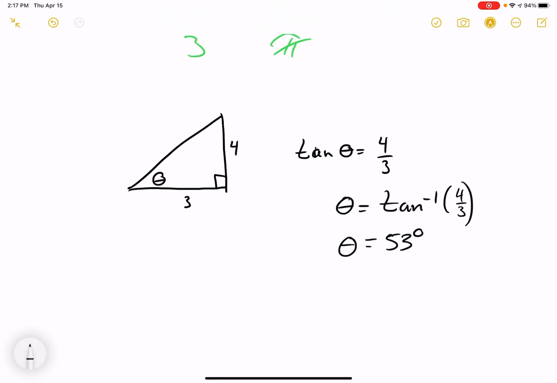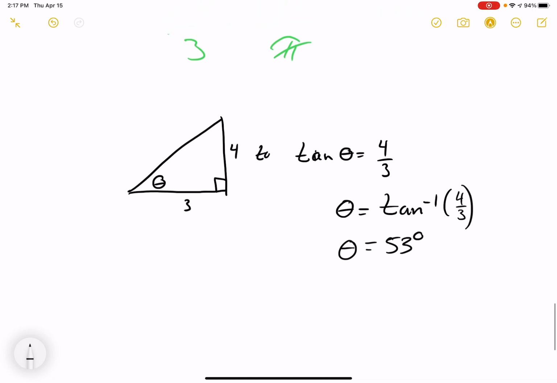So now my variable is actually contained inside my trig function. So what I have to do is use the inverse trig function. And I'm basically taking the inverse trig of both sides here. So essentially I'm doing the inverse tan over here and the inverse tan over here.